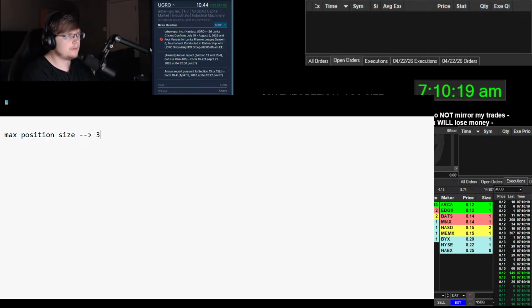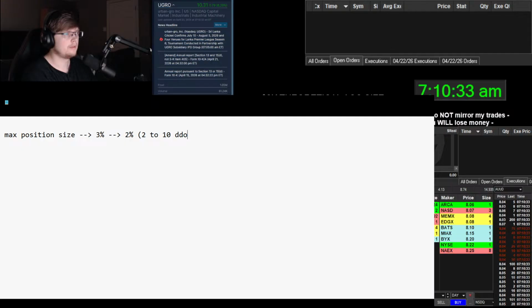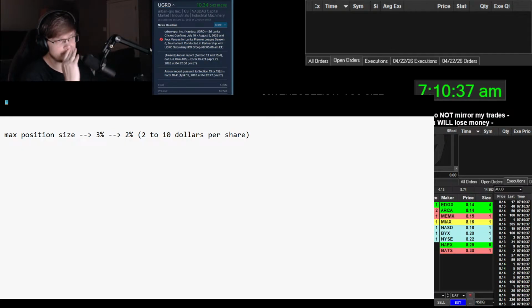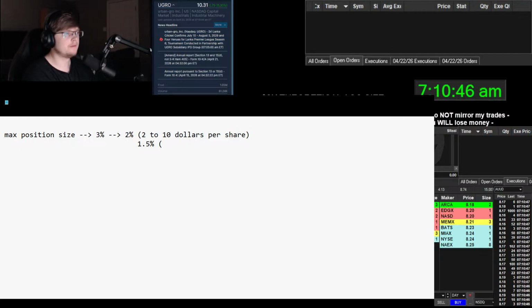So it's 3% to 2% for $2 to $10 per share stocks, max position size is 3% to 2%. And it is actually 1.5% for anything above $10 per share because it's a bit riskier.